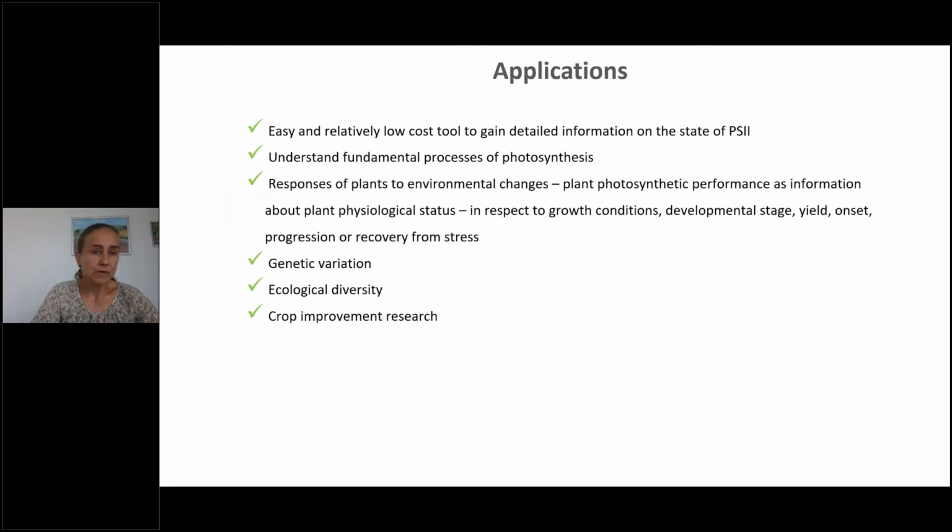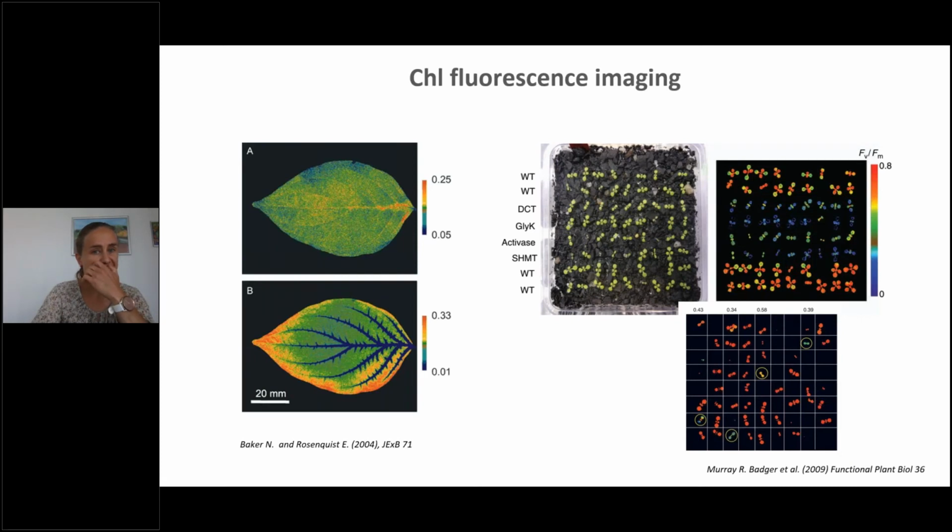And for the applications of chlorophyll fluorescence, I will try to be effective now. Briefly mentioned by Tracy, we can use it very well for looking at the details of spatial heterogeneity. Here, photosynthetic efficiency in the leaf treated with DCMU, when the leaf was submerged in DCMU.